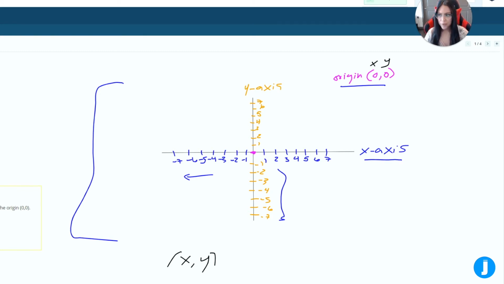So for example, let's say we had a point at (-1, 1), like so. Then we would denote that as (-1, 1), right? Our x value is at -1 and our y value is at 1. Or let's say we were at 4 and 2, our point would be right here. And we would denote that as (4, 2) since our x value is at 4 and our y value is at 2.